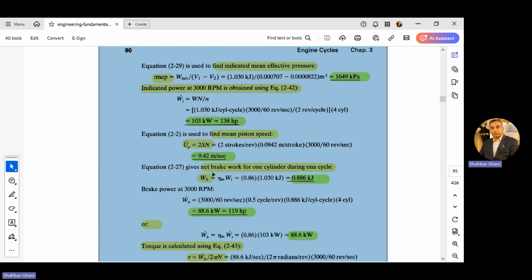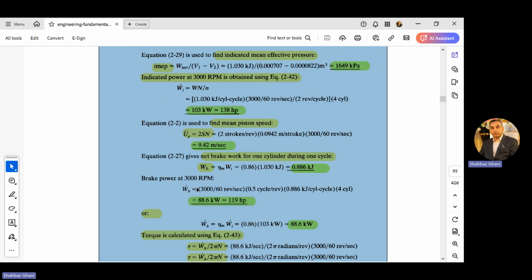Now the net brake work for one cylinder during one cycle. Net brake work is the mechanical efficiency times the indicated work. 0.86 is the mechanical efficiency we know, and we have calculated the indicated work, that is 1.030 kilojoules. So the net brake work is 0.886 kilojoules. So brake power at 3000 RPM.